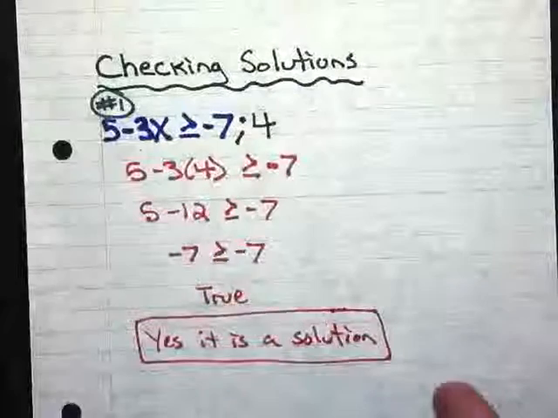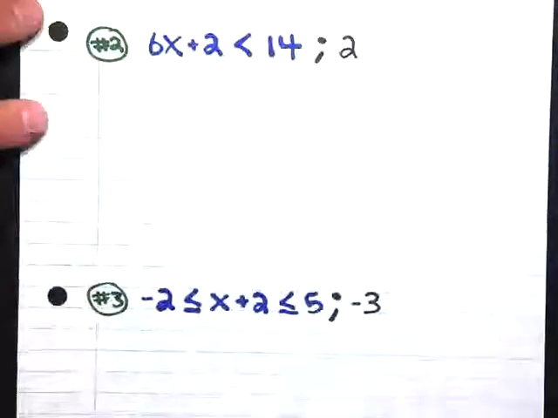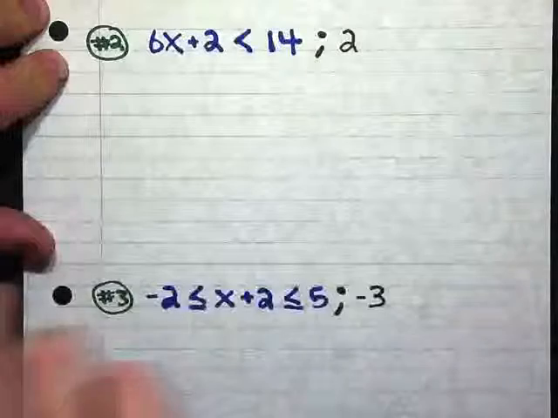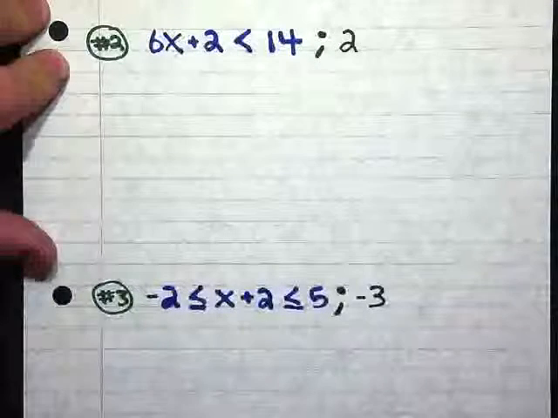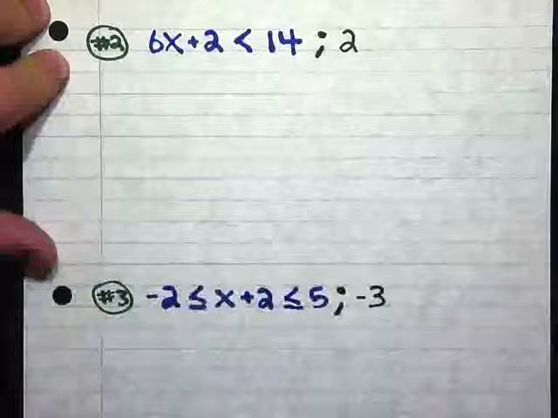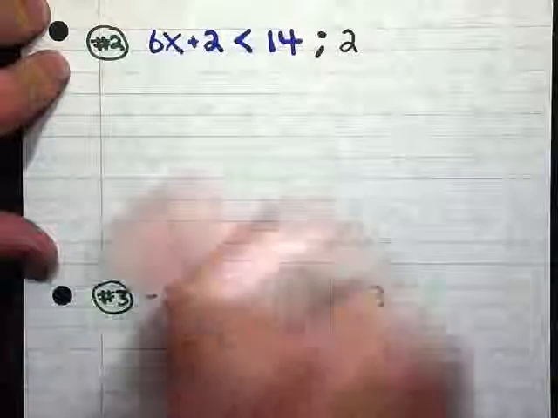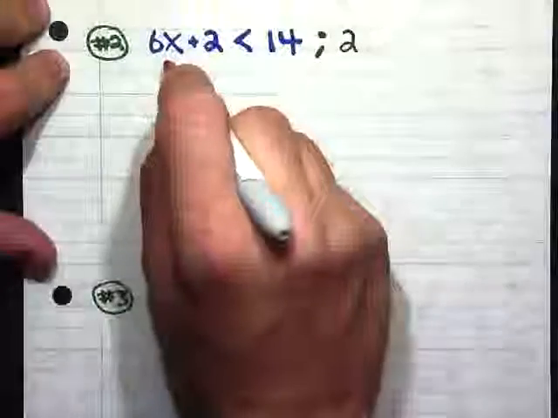So let's go ahead and take a look at another example. Alright, for this example, we have 6x plus 2 is less than 14, and we want to see if 2 is a solution to this inequality. So we take 2 and we substitute it in for x.